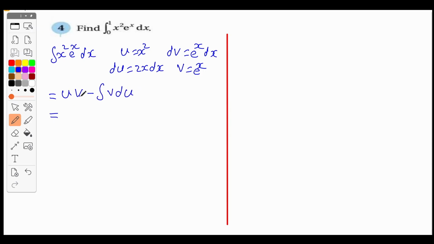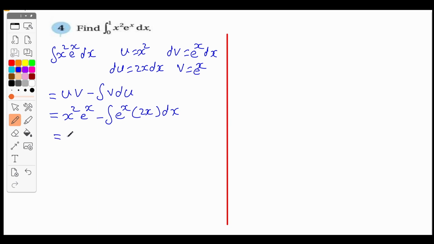Now let's plug in uv. U is x squared, and v is e to the x, minus the integral of v du. V is e to the x, du is what? 2x dx. Okay, so we have again here a product of two functions.